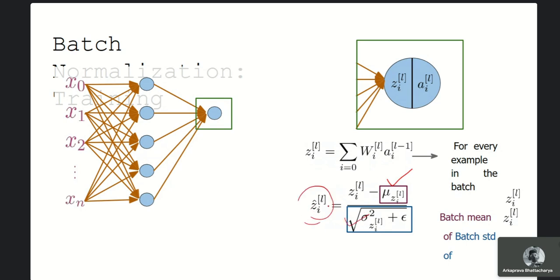And by normalization, I have to bring my mean near to 0 and standard deviation near to 1. So I subtract the mean from the output value, or from the z of each neuron, and then divide it by the standard deviation. That is what we do in batch normalization.